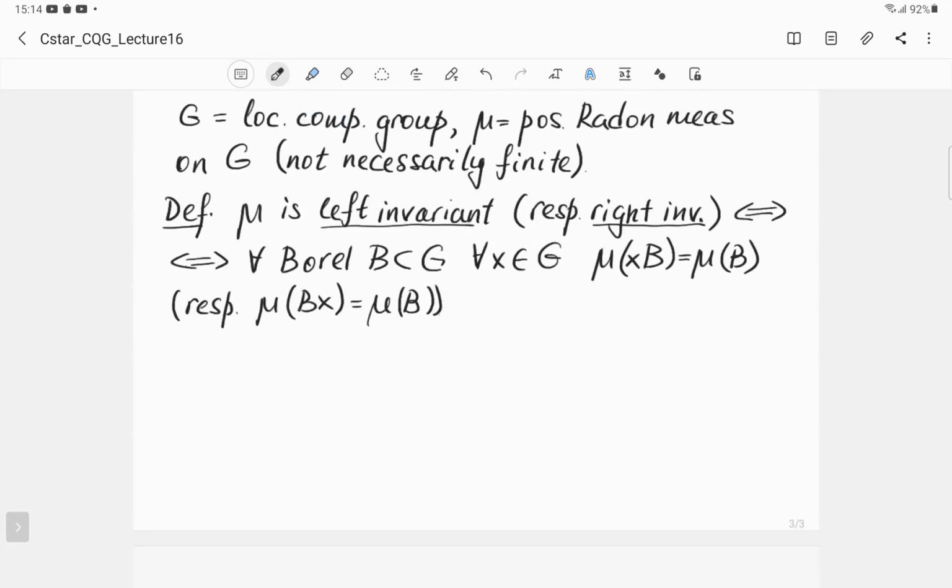But if mu is not identically 0, then we say that mu is a left Haar measure, or respectively a right Haar measure on G.